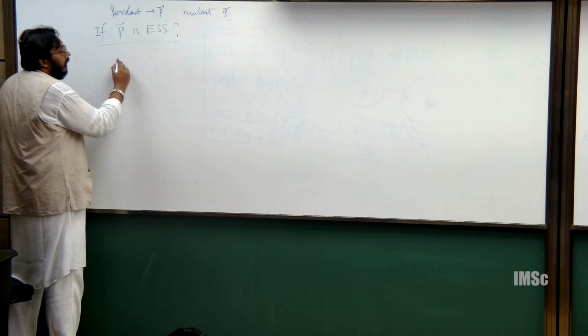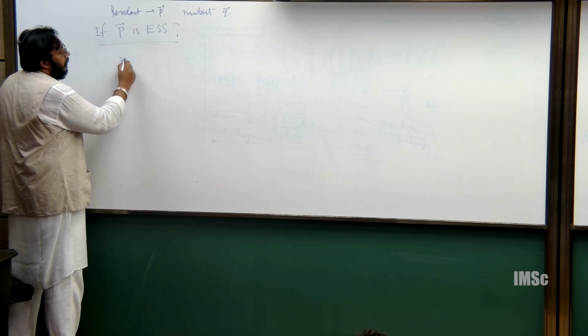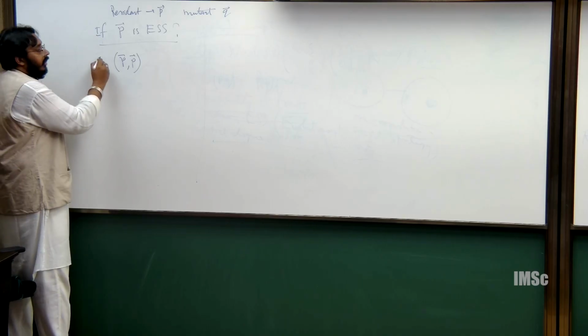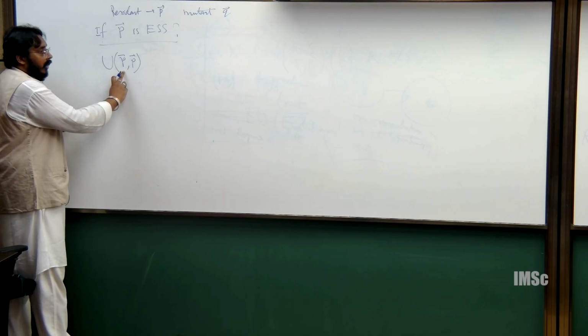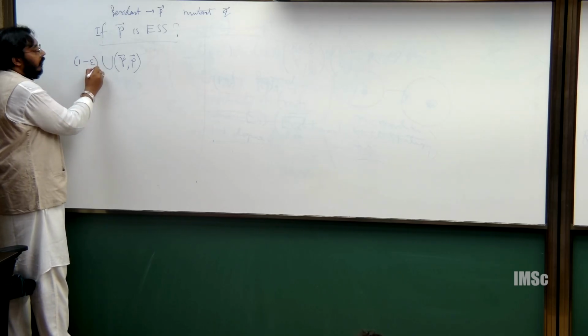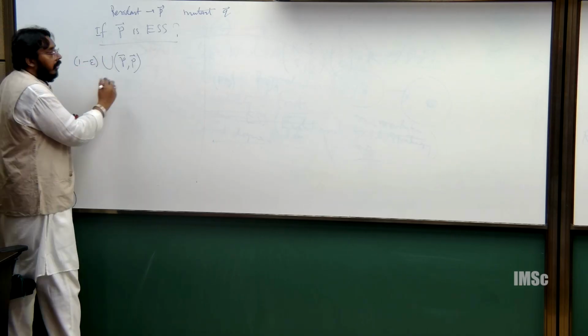I have to calculate expected payoff of what? When P interacts with P, it gets a payoff given by this notation. With what probability is P going to interact with P? 1 minus epsilon, because epsilon is the fraction of mutants which has come in.